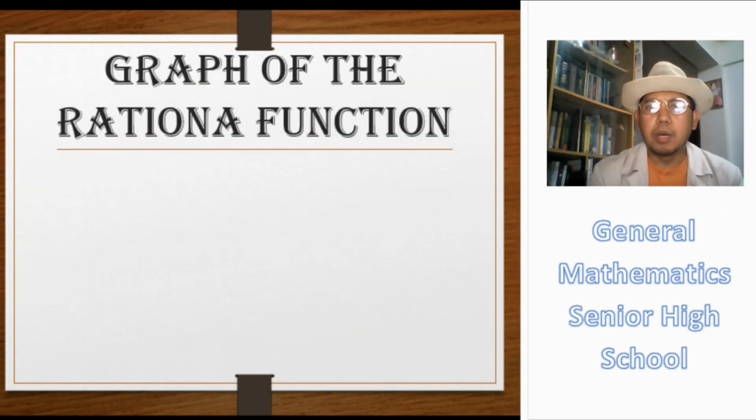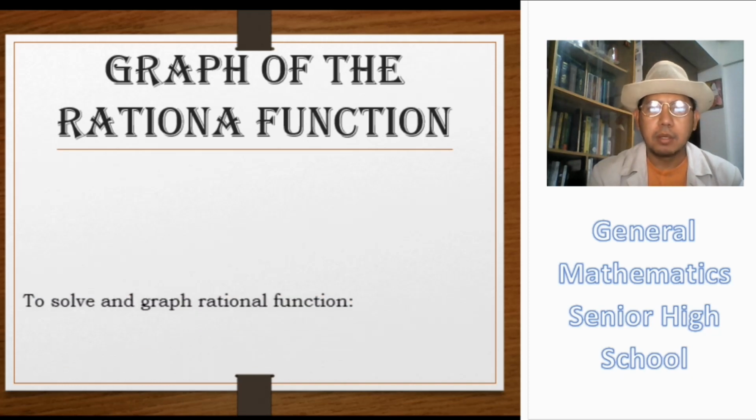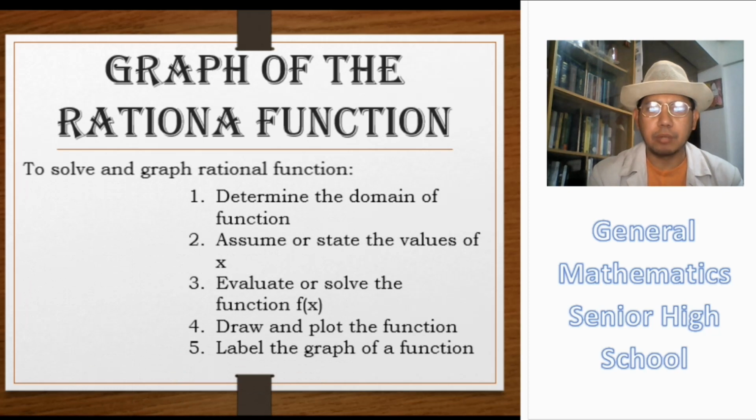Now what about if we are going to consider a more complicated rational function as compared to what we just computed a while back? So we have in here a rational function f of x is equal to x plus 3 over x raised to 2 minus 9.